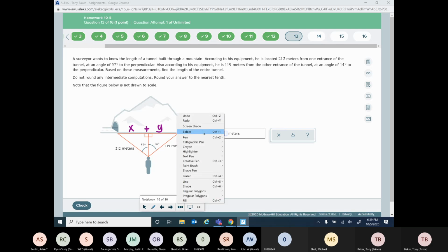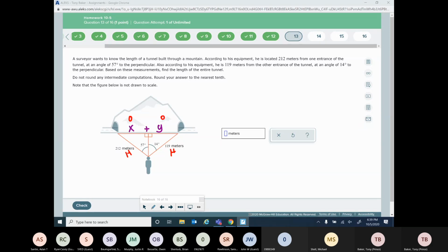So let's find each of those values. So we're going to label our triangle. It's no different than we were doing in the other ones. So we're standing here. So this is my opposite, and that's my hypotenuse. The same thing on this one. That's my opposite, and that's my hypotenuse. So we're going to use sine for both of them. So the first one is sine of 57 equals x over 212.